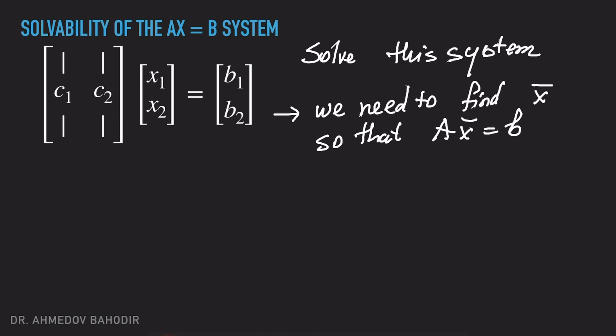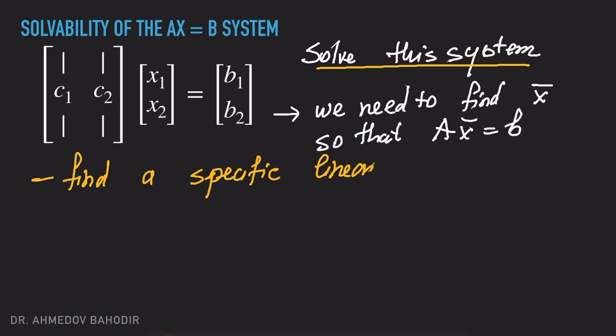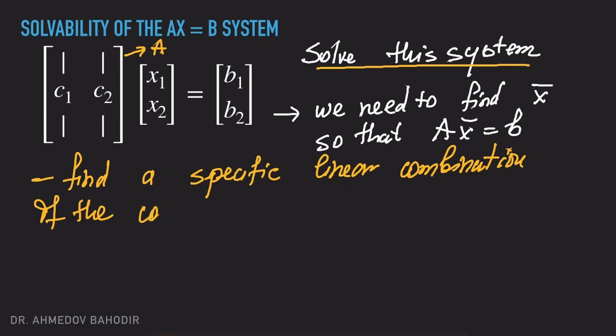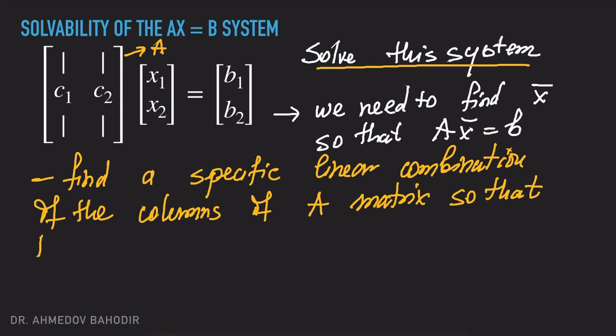You can understand this question as finding a specific linear combination of the columns of this A matrix, so that this combination is equal to this b vector.